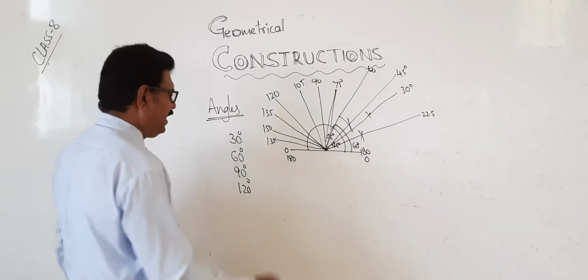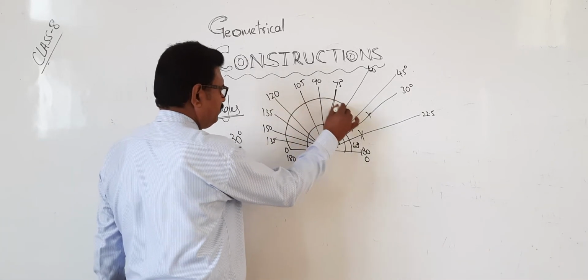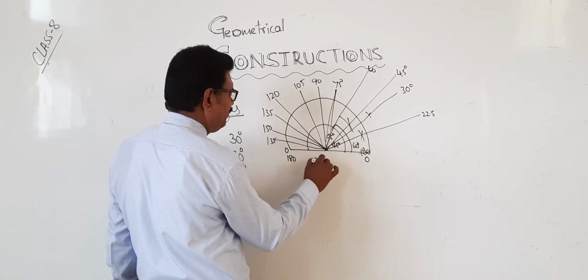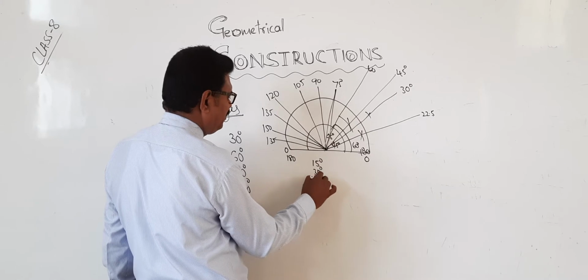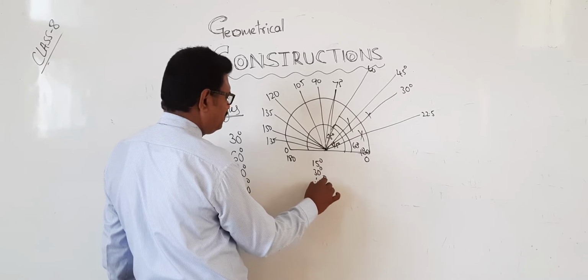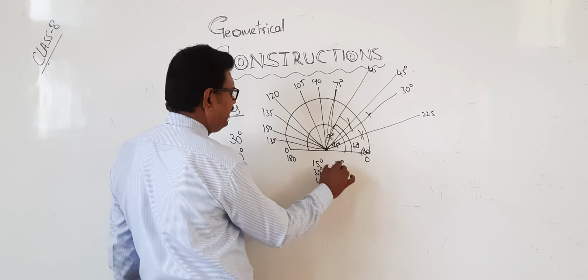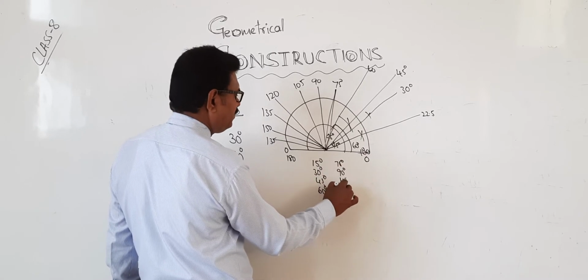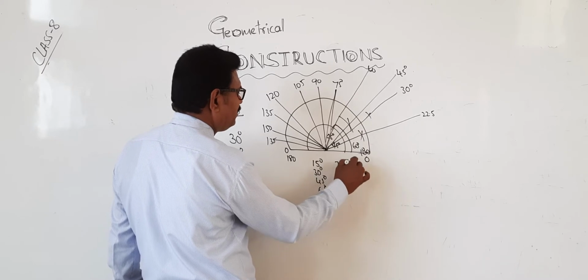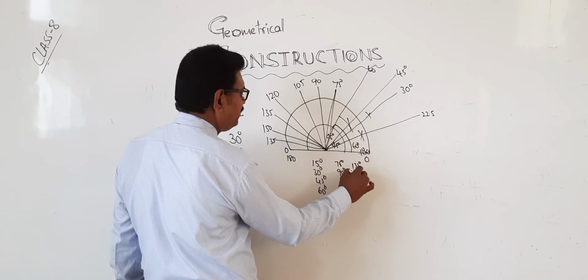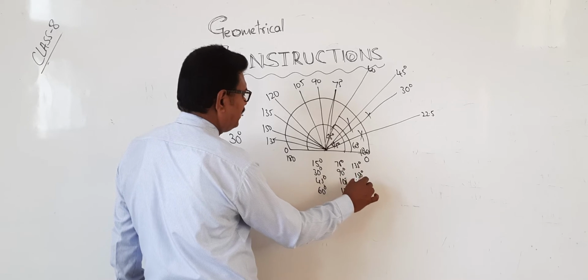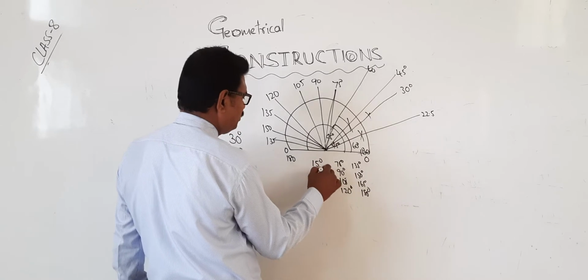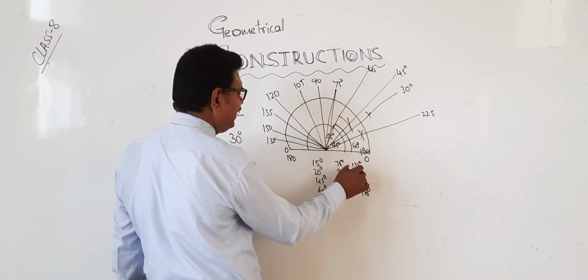Like this, total angles you can draw. That means what? 15 degrees, 30, 45, 60, 75, 90, 105, 120, 135, 150, 165 degrees, and 180 degrees. 1, 2, 3, 4, 5, 6, 7, 8, 9, 10, 11.